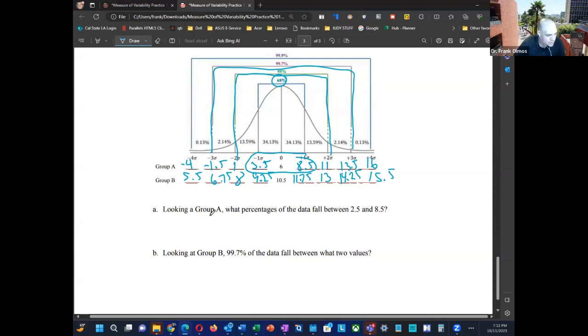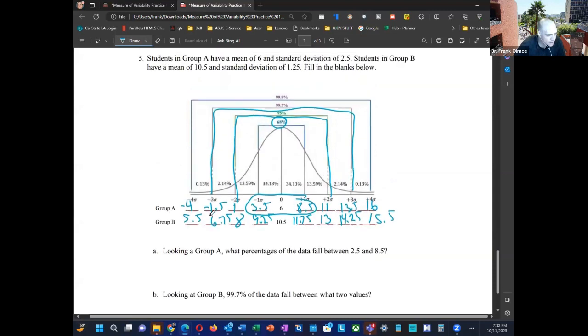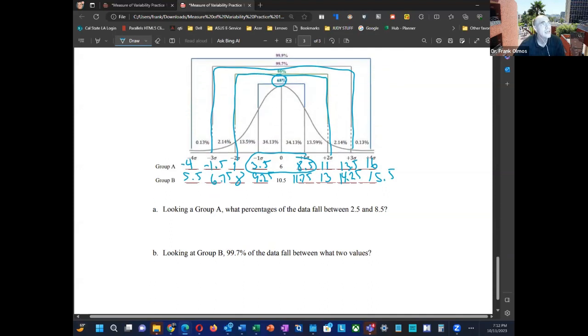Did I mess up? Oh no, it's a typo. It should be 3.5.